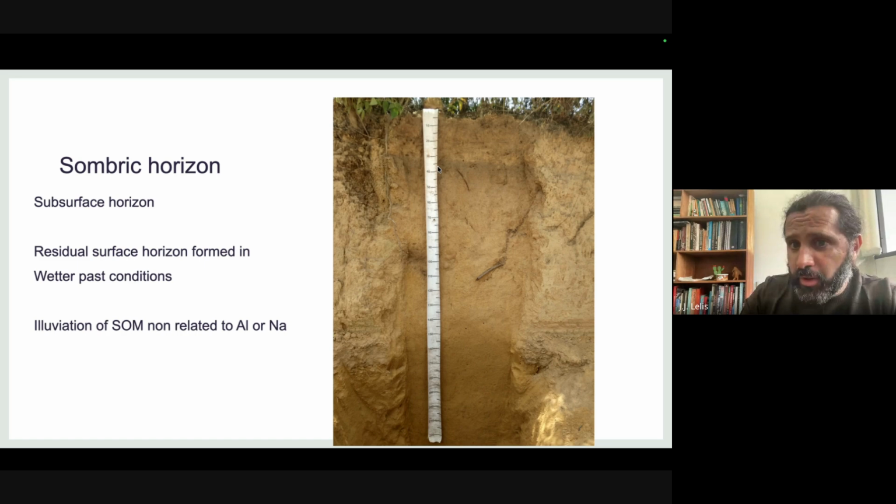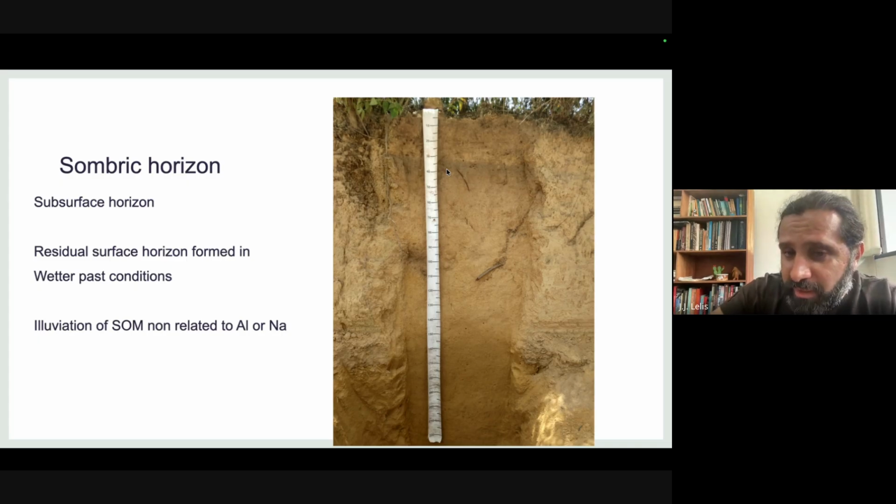The microbiological activity is always, or at least in the majority of cases, like 99% of the cases, highest at the surface and decreases with increasing depth. So at a high depth, this microbiological activity is quite low.